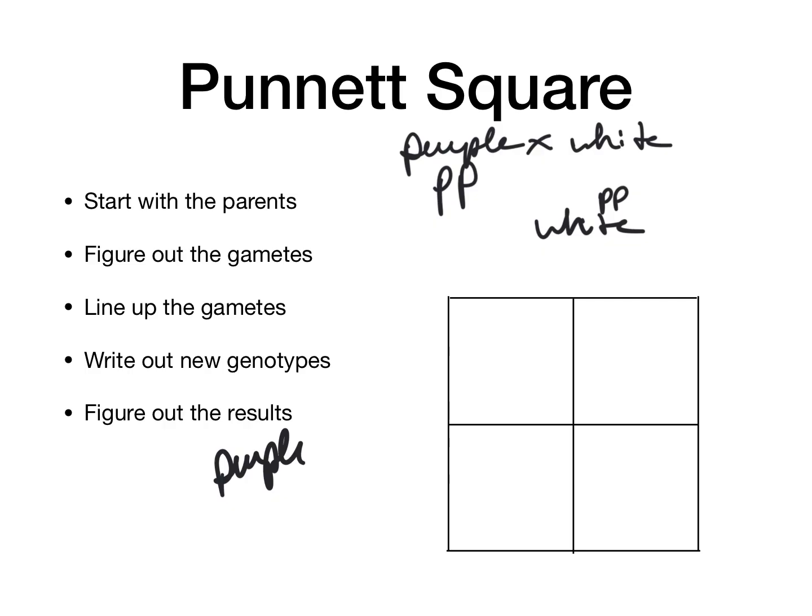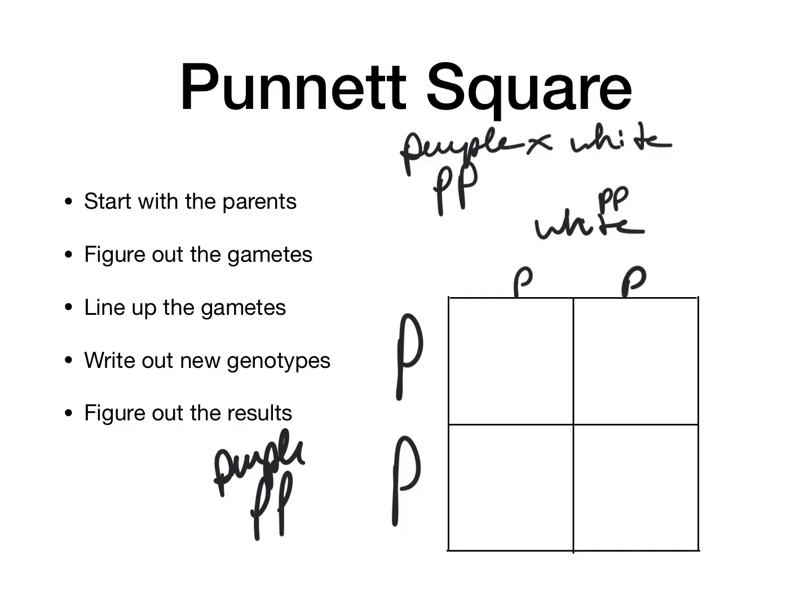So this purple parent has two capital P's, and they're either going to give one capital P or the other capital P. They can't give two. You remember in meiosis, parents only give one set of chromosomes. So this is where that comes into play. And then the white parent gives a little p.